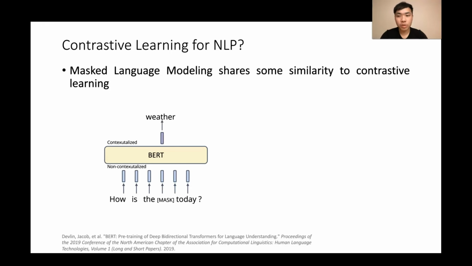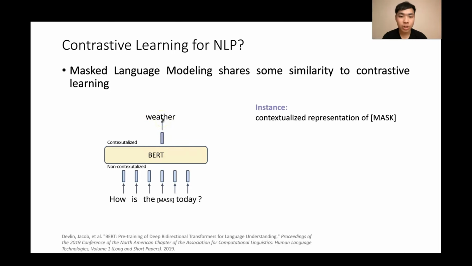For example, look at the training objective of BERT, the masked language modeling task. We have a sentence here, how's the weather today? We mask one token in the sentence and replace it with a mask token. In the output layer of BERT, we try to predict what the original token was.